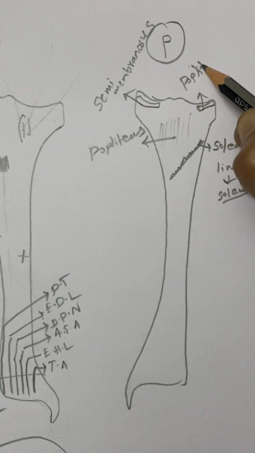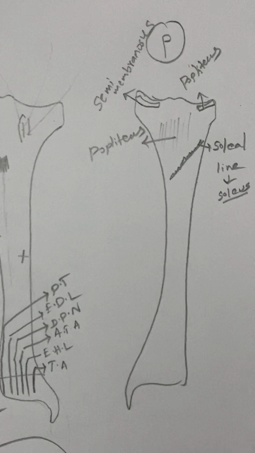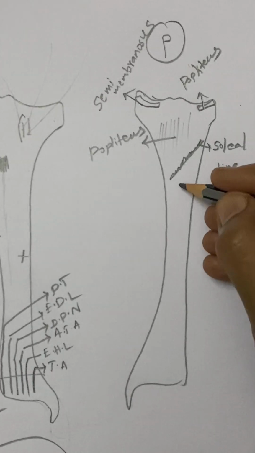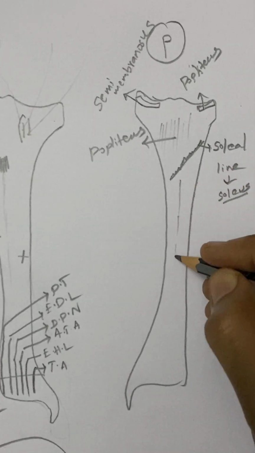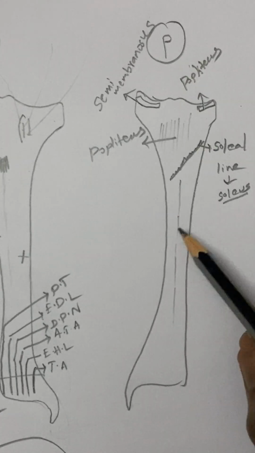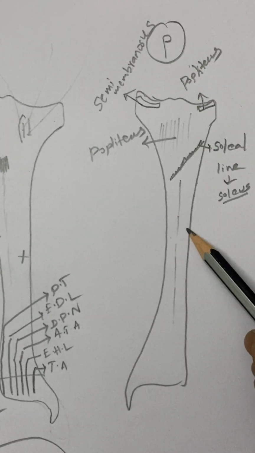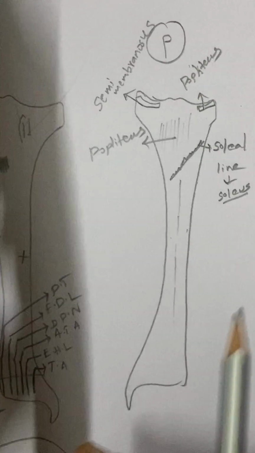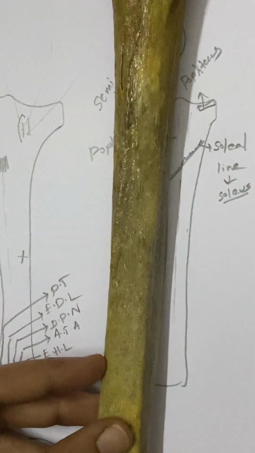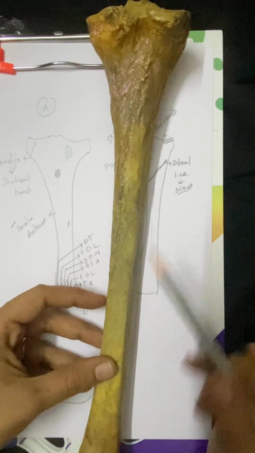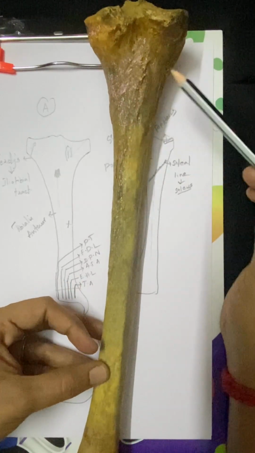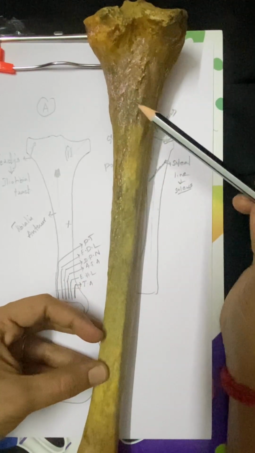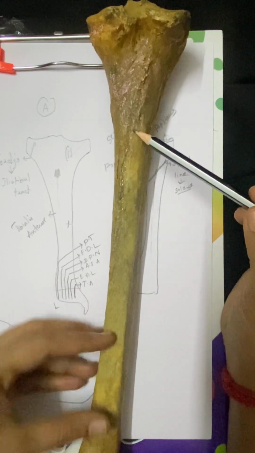Below the soleal line, a vertical ridge divides the posterior surface into medial and lateral part. So this is posterior surface of tibia. This oblique line is soleal line. Above this is popliteal surface.